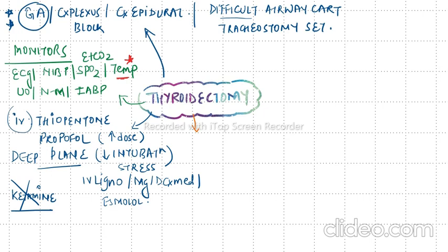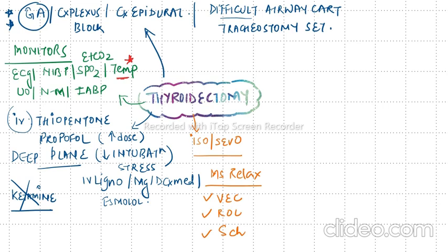Now for maintenance, you can use either SEVO or ISO. In muscle relaxants, we can use vecuronium, rocuronium, or if you're finding some difficulty in intubation, succinylcholine.